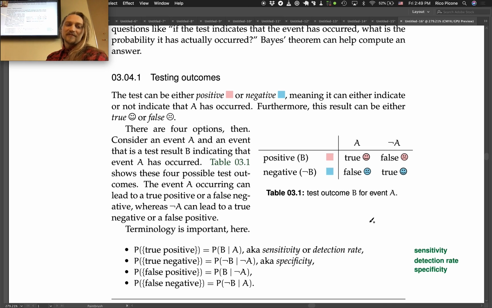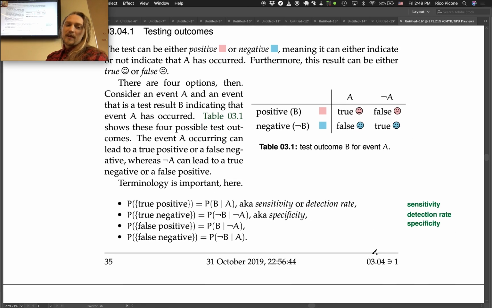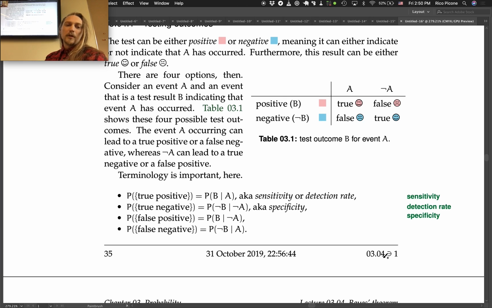Okay. Terminology is important here. Probability of a true positive is the probability of the test coming out positive given that the situation actually occurred. So this is the probability of a positive pregnancy test given that you are in fact pregnant. This is called sensitivity or detection rate.